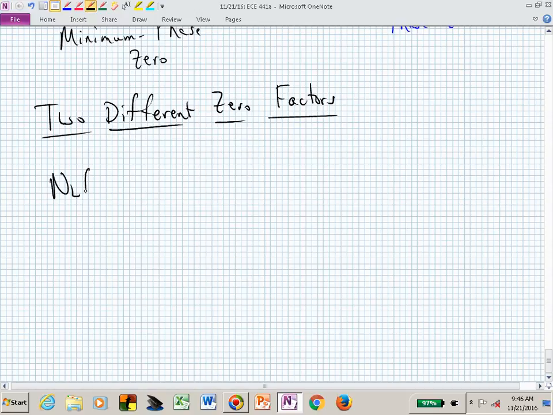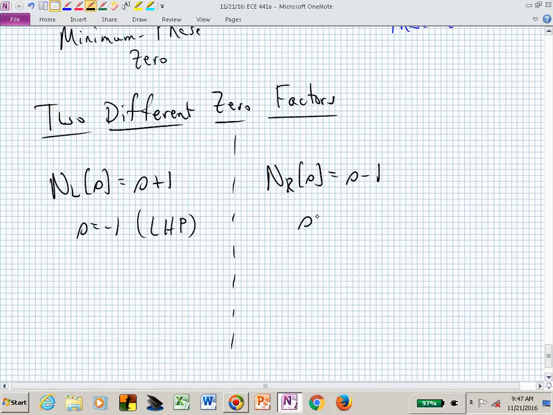On the left, our zero factor looks like that. On the right, our zero factor looks like that. So that now our 0 is at -1, and here our 0 is at +1.